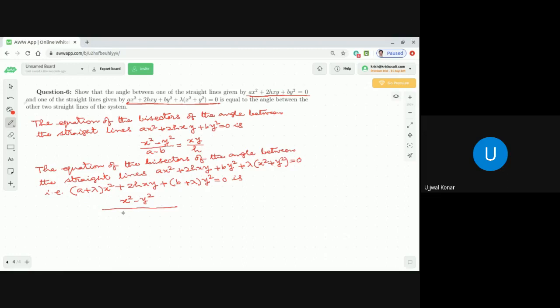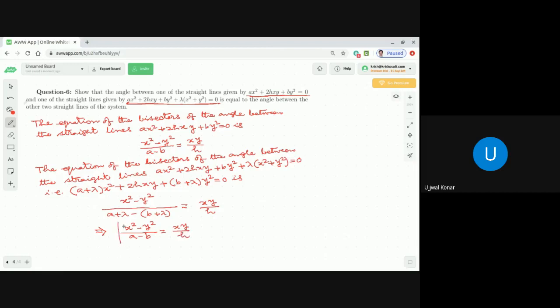That means a plus lambda minus b plus lambda, that is equal to x into y by h. Now if we see this equation, we actually get x square minus y square divided by a minus b is equal to x into y by h.